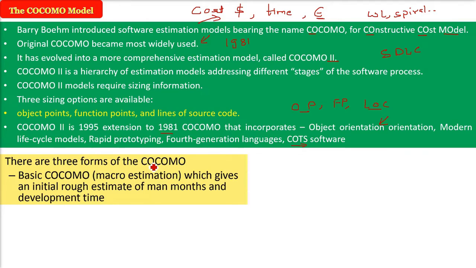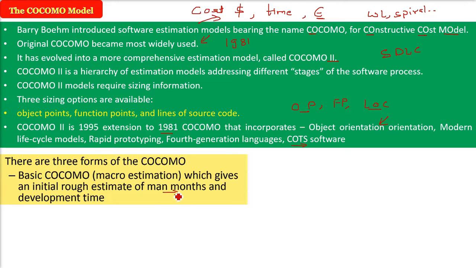So there are 3 forms of COCOMO, because projects can be different. It can be basic, it can be average, it can be complex. The first is the basic COCOMO, which is the macro estimation, which gives an initial rough estimate of man-months, that is the effort, and the development time.